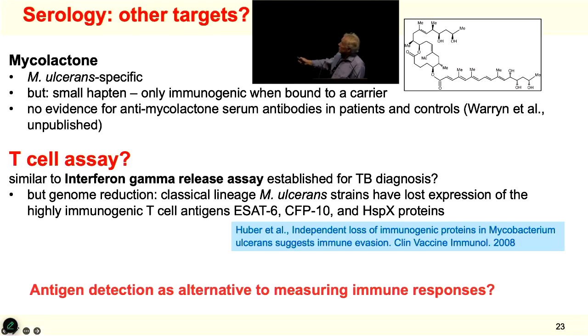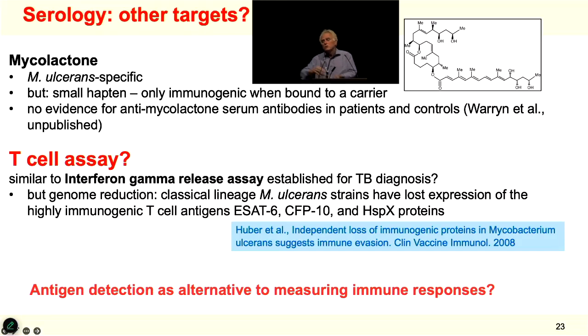And finally, there were also ideas to develop a T-cell assay similar to what is developed for TB diagnosis, interferon gamma release assays. Here, the surprising thing was that the classical strains found in Africa and Australia have these antigens deleted or have pseudogenes in the course of their genome reduction.